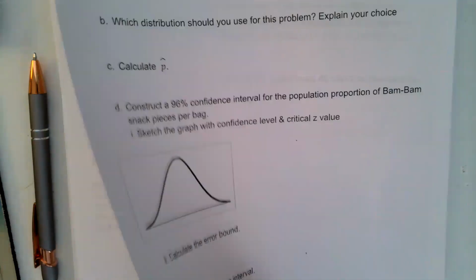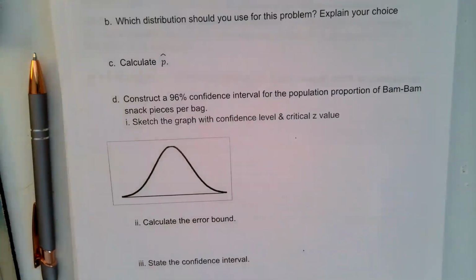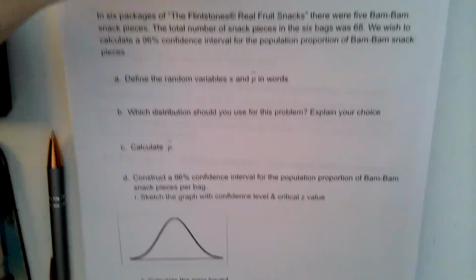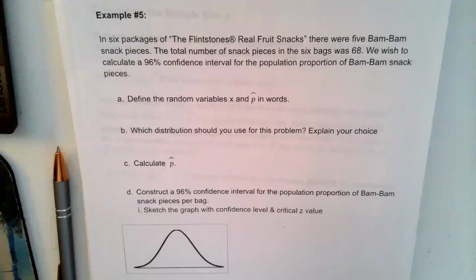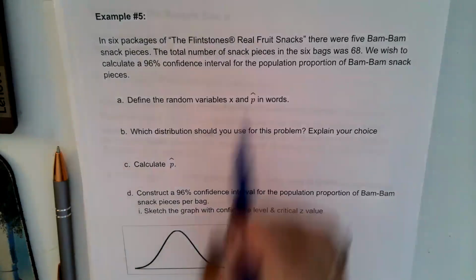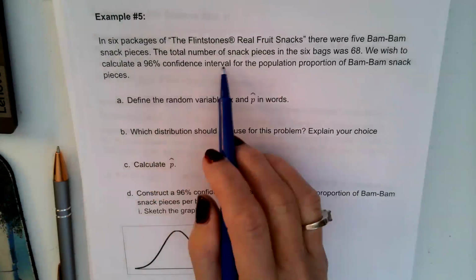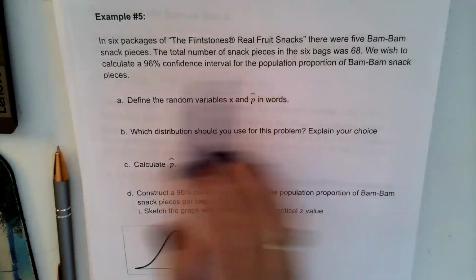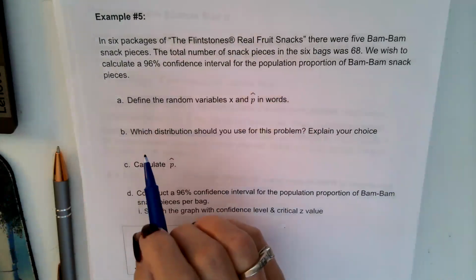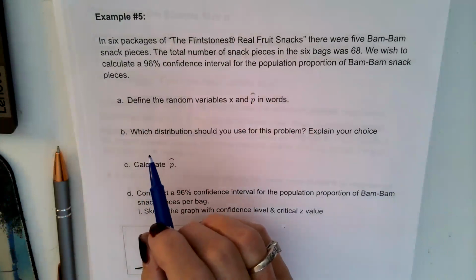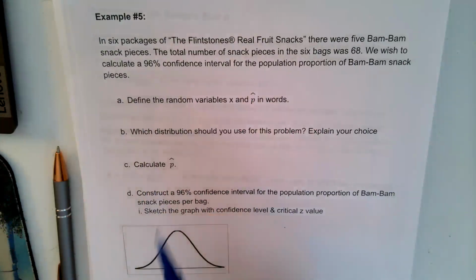So let's look at the last example of the confidence intervals, and then we're going to go to some sample size problems. So it says in 6 packages of the Flintstones real fruit snacks, there were 5 Bam Bam snack pieces. The total number of snack pieces in the 6 bags was 68. We wish to calculate a 96% confidence interval for the population proportion of Bam Bam snack pieces. Let's look at what X and P hat are.